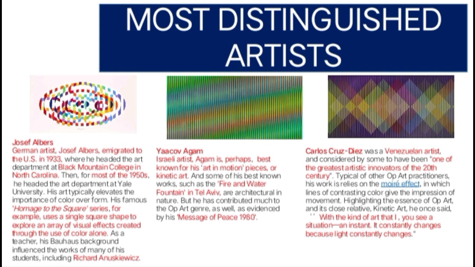For example, he uses a single square shape to explore an array of visual effects created through the use of color alone. As a teacher, his boundless background influenced the works of many of his students, including Richard Anuszkiewicz.